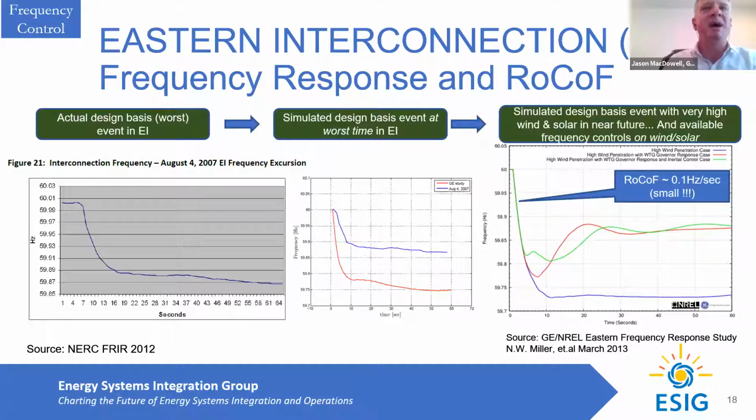But then we take that model and look at higher penetrations of wind and solar with the capability to control frequency and arrest the decline of the frequency if we lose a large generator. And fundamentally, it's not an issue. First of all, in the East, we only have a very shallow rate of change of frequency. It's very small. For that very large event, it only changes by 100 millihertz per second.